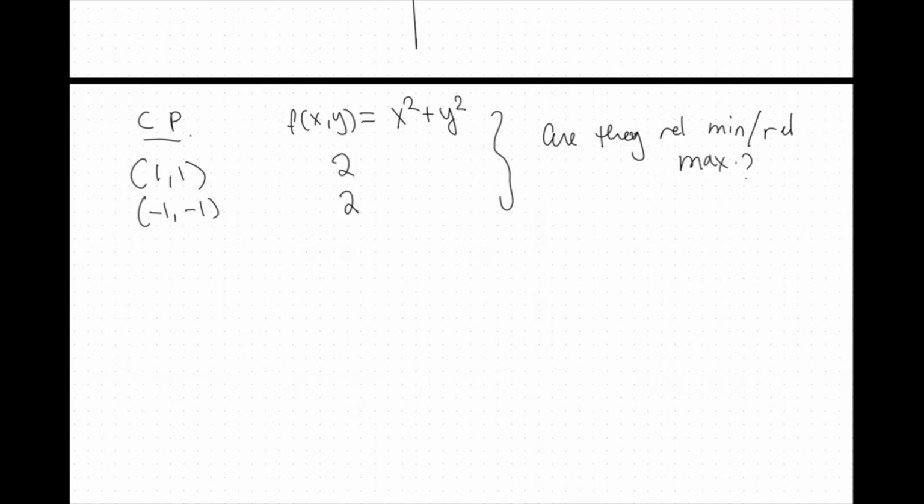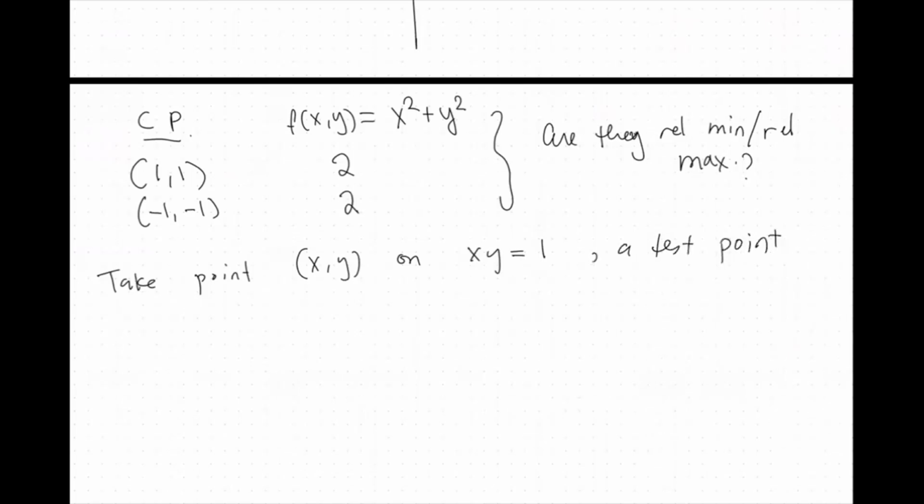So how do we test that? Here we can take a test point on xy equal to 1.